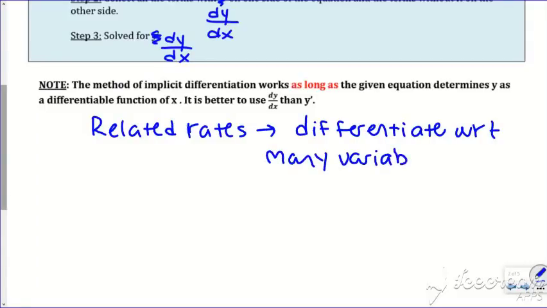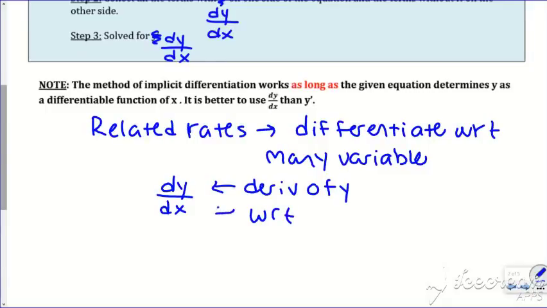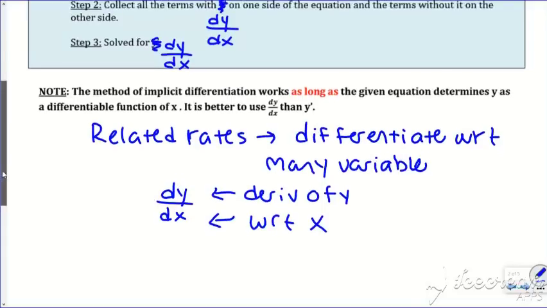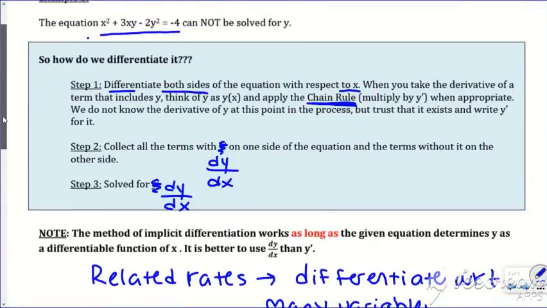And so we really want to be careful about saying dy dx, because remember that means the derivative of y with respect to x.